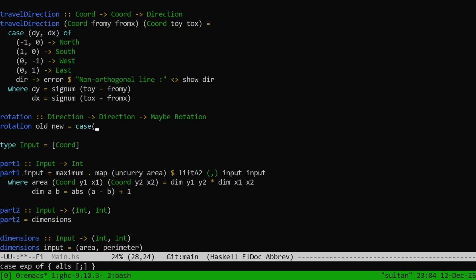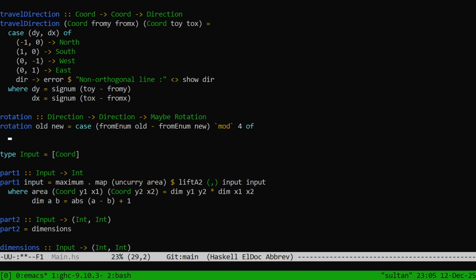Case from enum old minus from enum new mod 4 of.